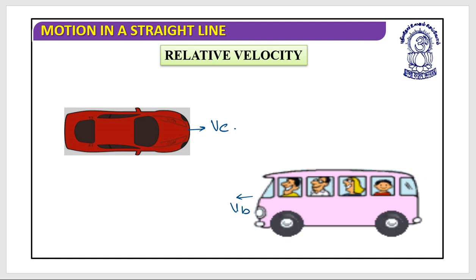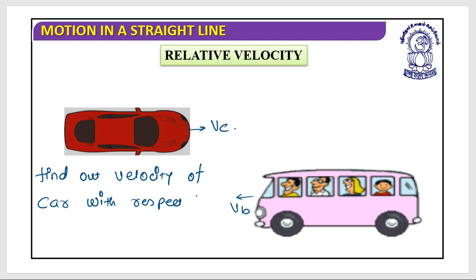If I am asked to find the velocity of the car with respect to the bus, what should be my answer? What I want is the velocity of the car with respect to the bus, V_CB.